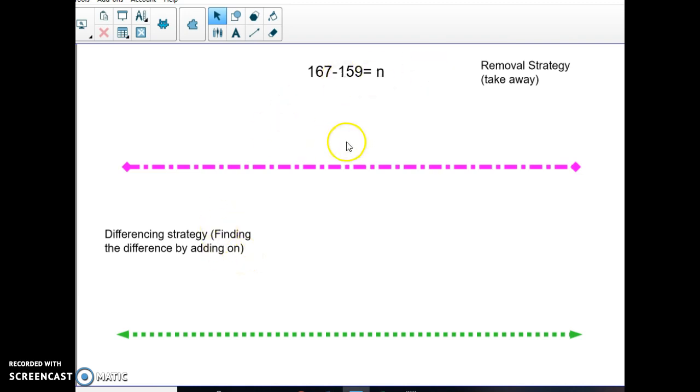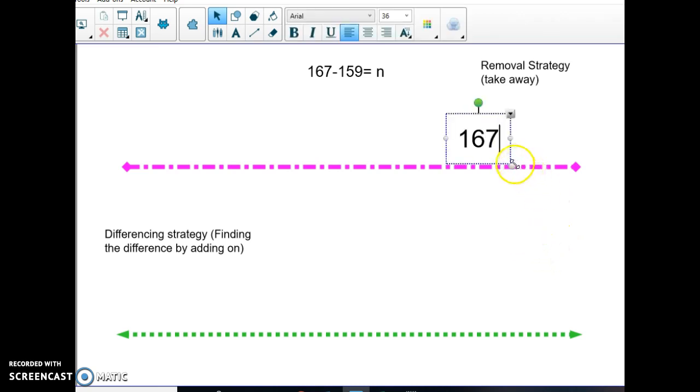So I'm going to start with this first strategy, the removal strategy, and bear with me because it's kind of hard to do this on the computer, but I am going to start with 167. So I'm going to type 167. That's really big, so I'm just going to move this over here.